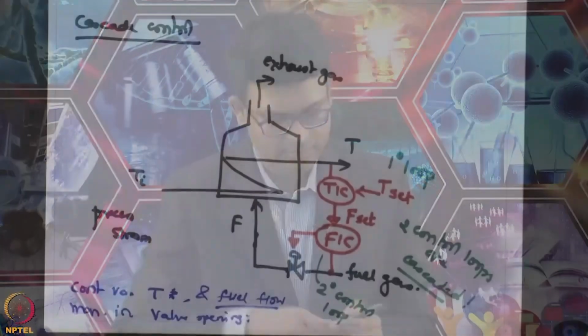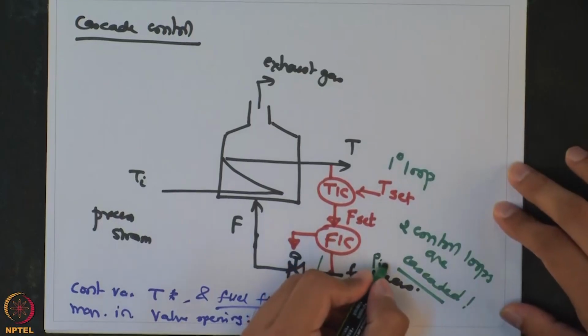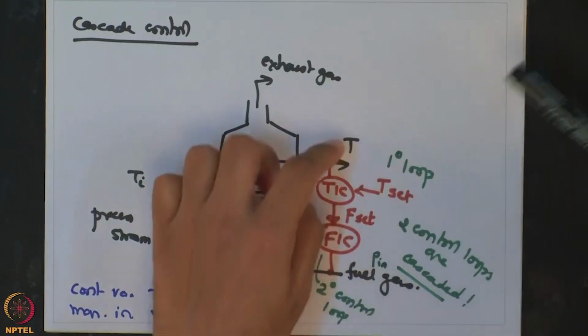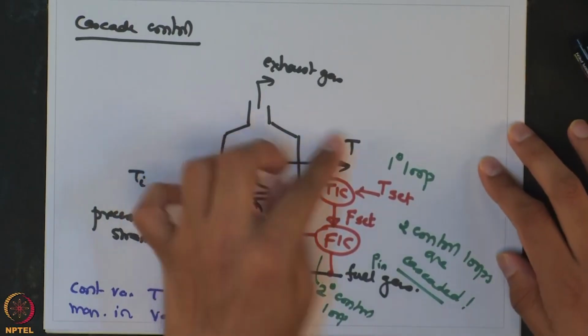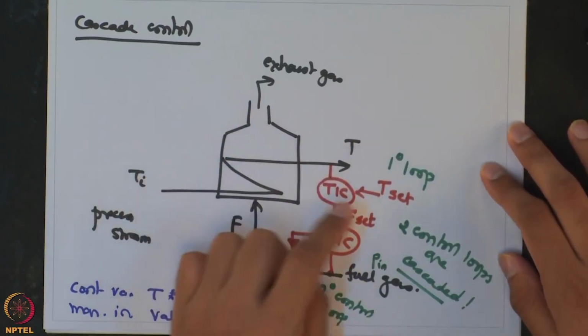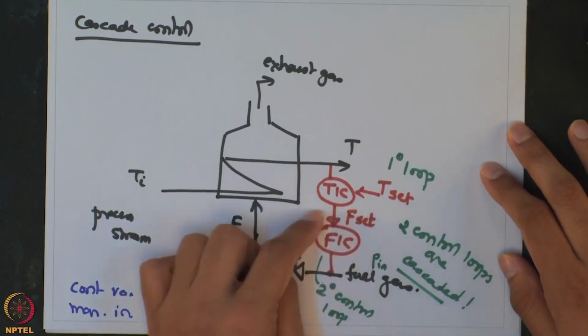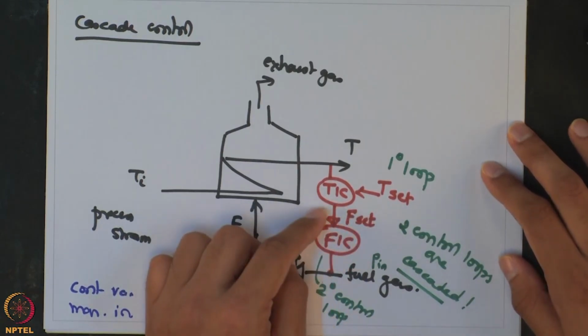Let us consider the same disturbance as earlier, that the inlet pressure changes and the temperature is still at the set point. As the temperature is at its set point, the corresponding flow set point would be the same as the steady state flow, which in this case was 600.